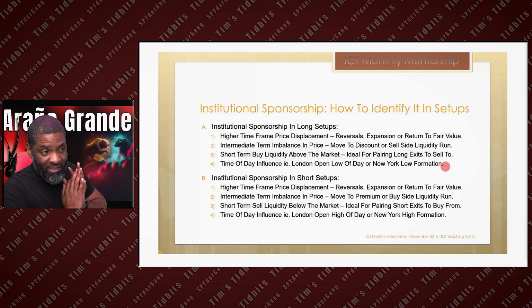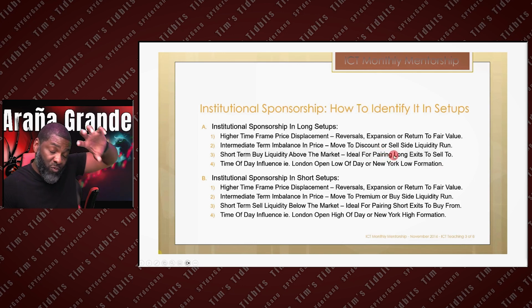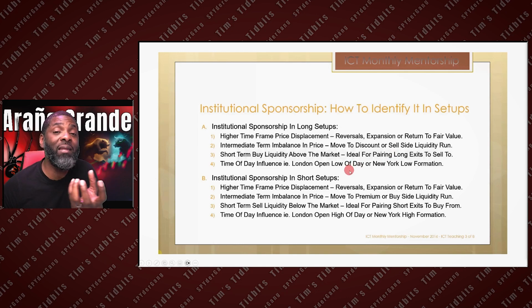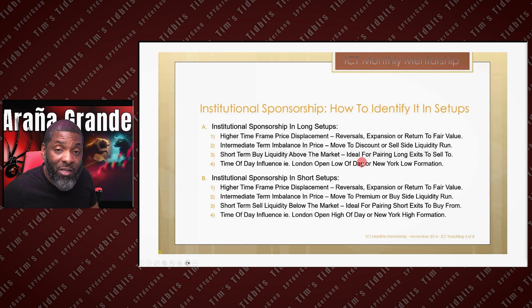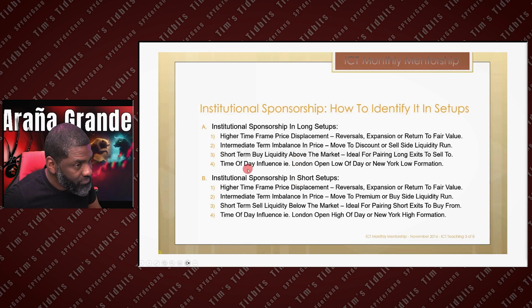So if you get in when price moves back to a discount and runs sell stops, or price moves back to a premium and runs buy stops, you want to be looking for somewhere in price where you can pair or offset your position. That's a swing high or a swing low, in case you're missing it.